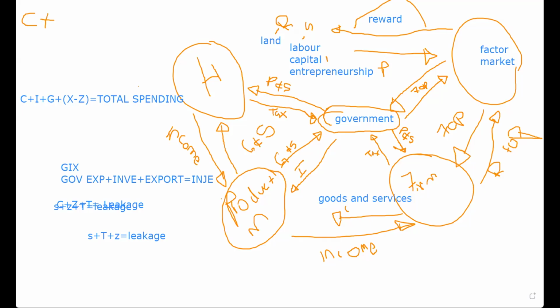The firms save with the financial sector, and they also borrow money from the financial sector, which is investment, denoted by I. Households save in the financial sector, denoted by S. Households pay tax to the government, denoted by T. Government provides government expenditure to the firms in the form of public goods. Firms also import from the foreign sector. Then the foreign sector also buys exports from the households.